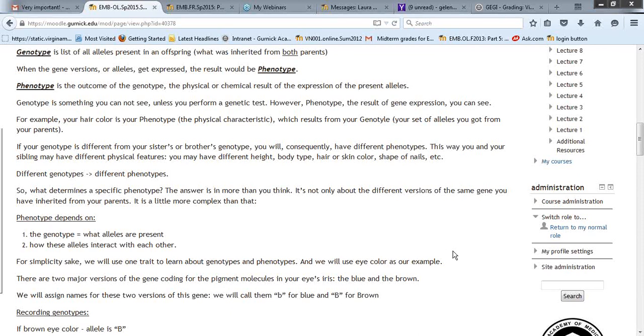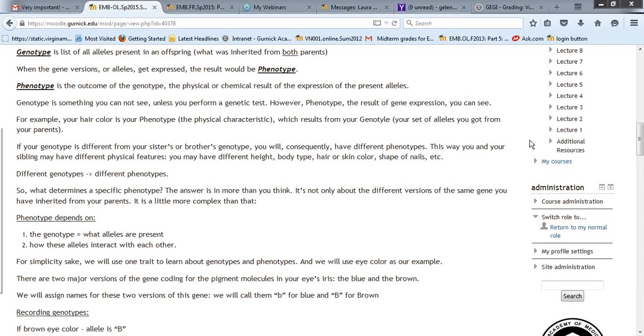Okay. So what we're going to talk about next is what determines the specific phenotypes. Okay. So it's not always very simple. It's not always straightforward. Okay. It's not just about different versions of the same gene that you've inherited. It's a little bit more complex than that.